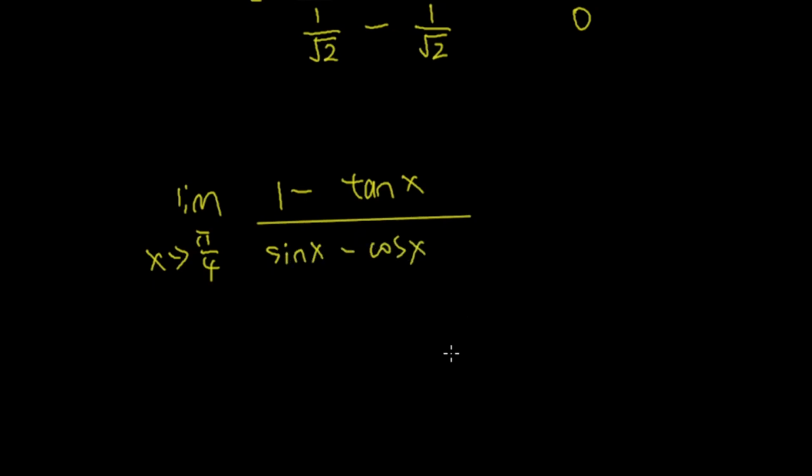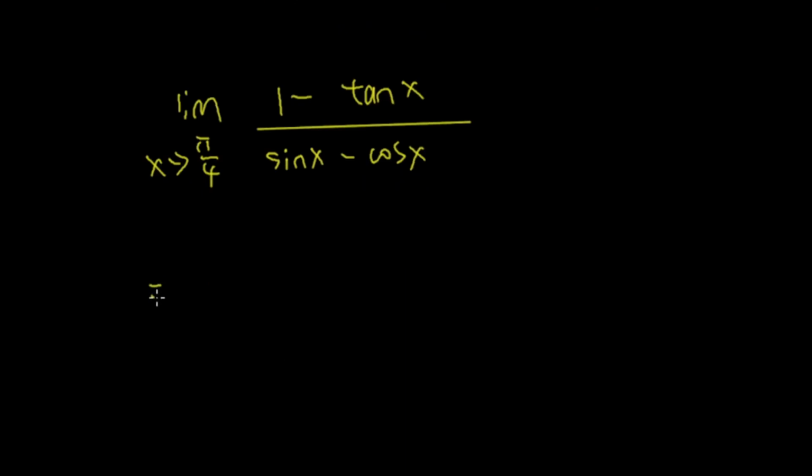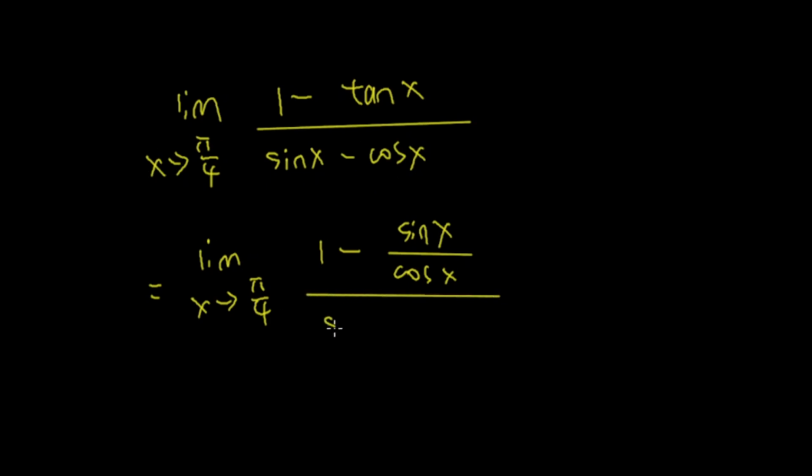That's the original limit. Now, what we can do is rewrite this as 1 minus sine x over cosine x, because we have a cosine x and sine x at the bottom, so maybe we can simplify this more.